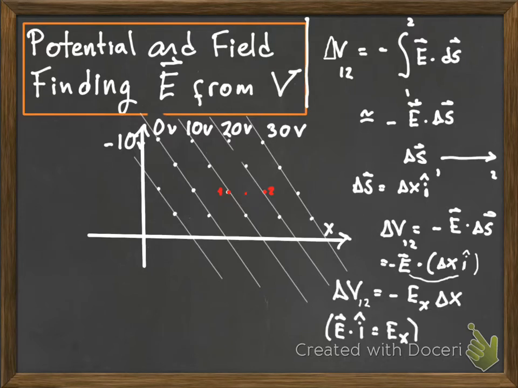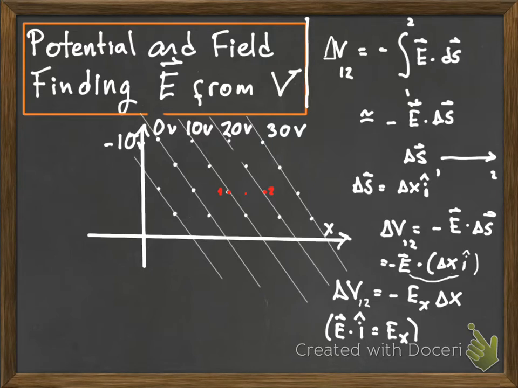And this results in delta V between 1 and 2 being the negative of Ex, the x component of the electric field, times delta x. That's because the dot product between any vector and the vector i hat is equal to the x component of the vector. That's the definition of the vector i hat.